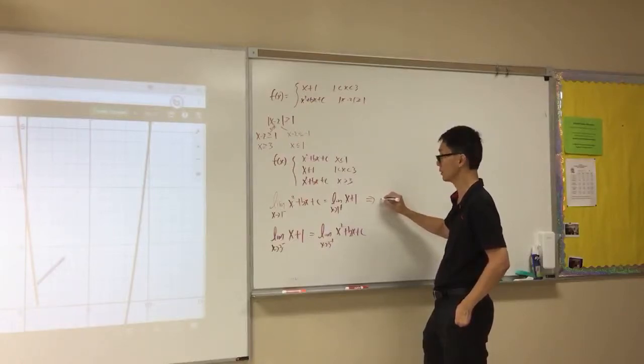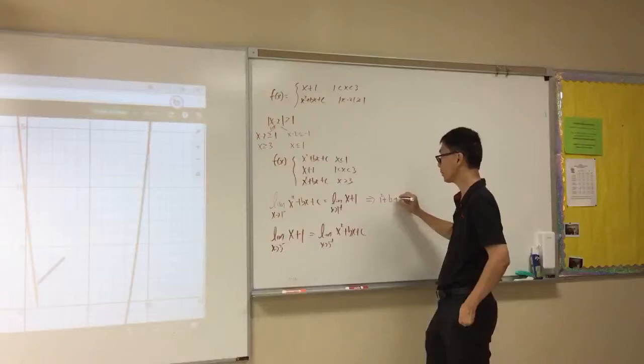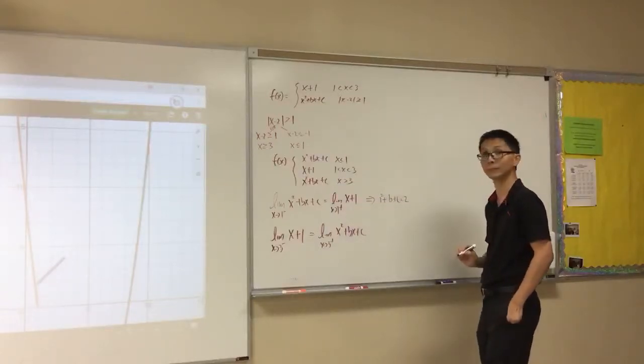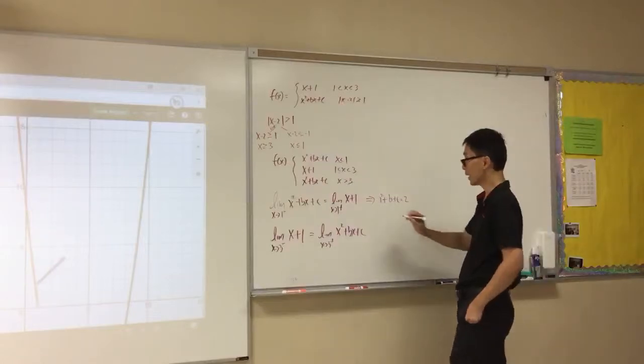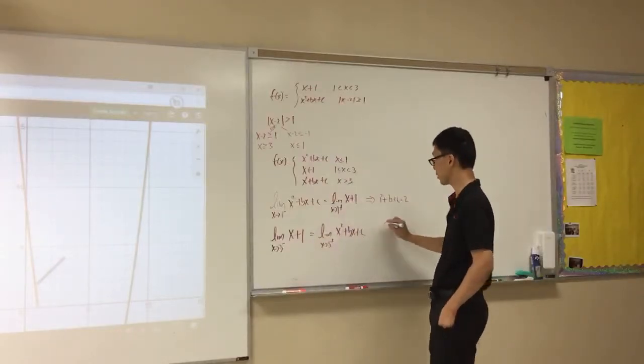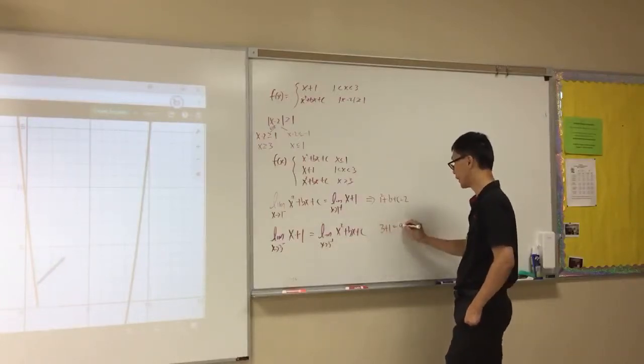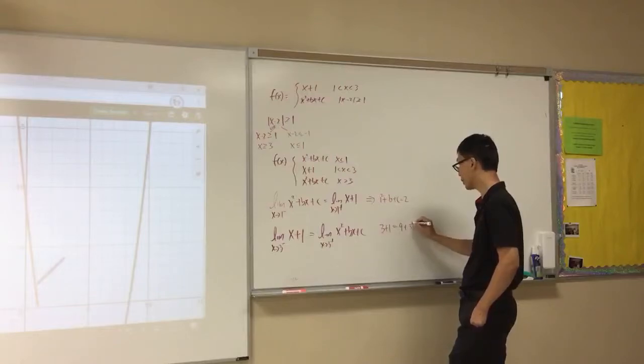1 squared plus 1b plus c is equal to 2. And then we're gonna plug in 3 in here, so it's gonna be 3 plus 1 is equal to 9 plus 3b plus c.